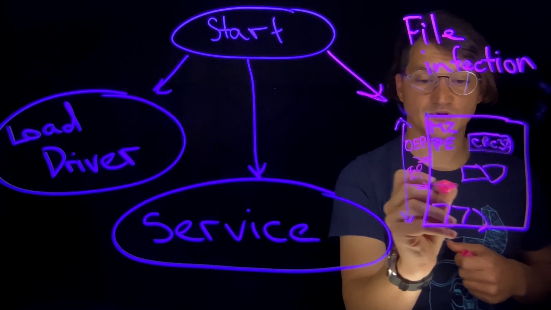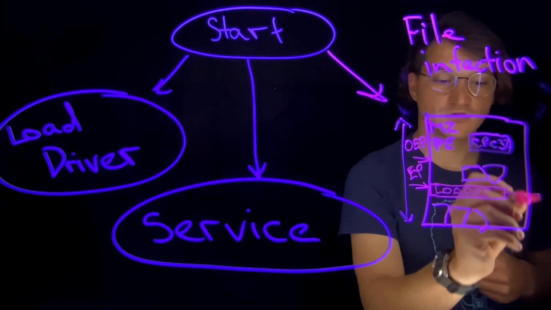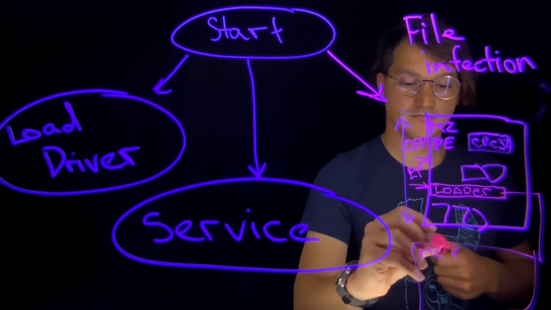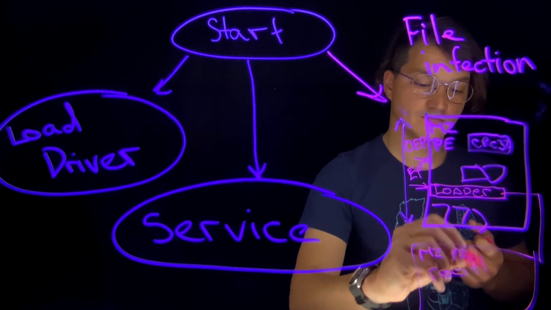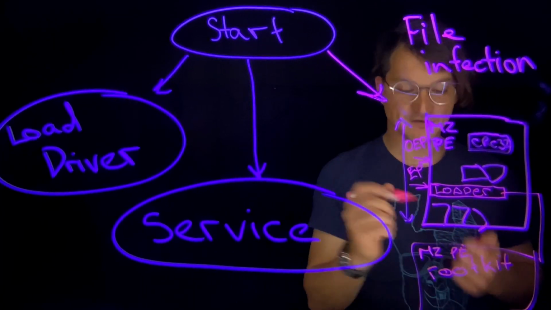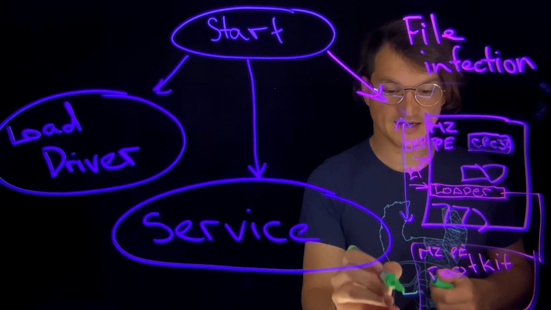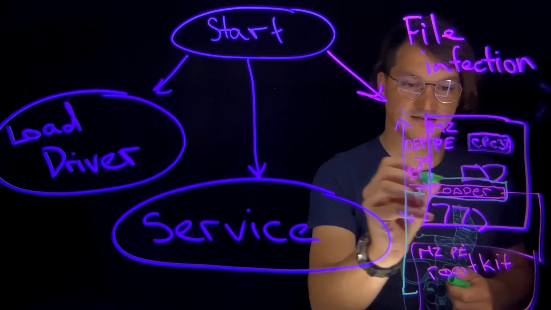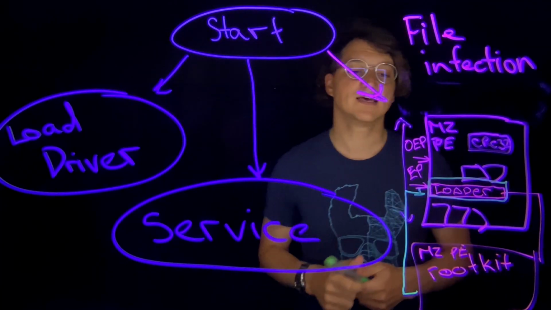And the malware would implement its little loader right here, which will load another malicious driver, or the actual malicious driver, the rootkit. After the rootkit is loaded, of course, it would come back and fix those bytes to the original bytes and then resume the execution of the benign driver.